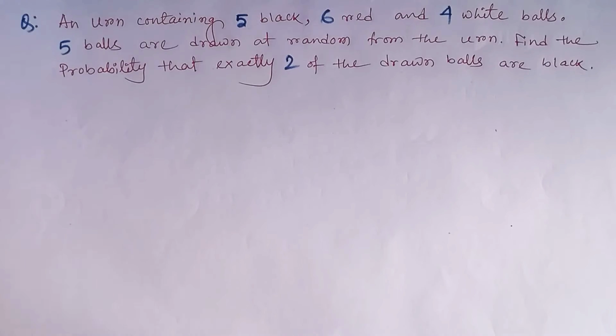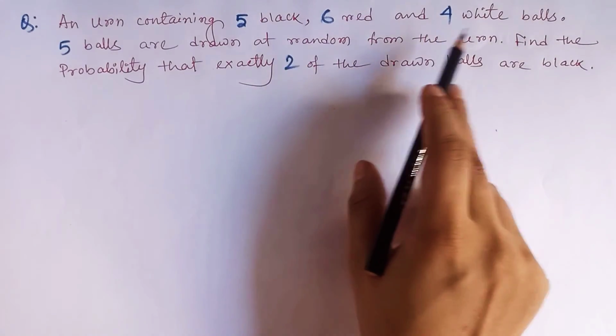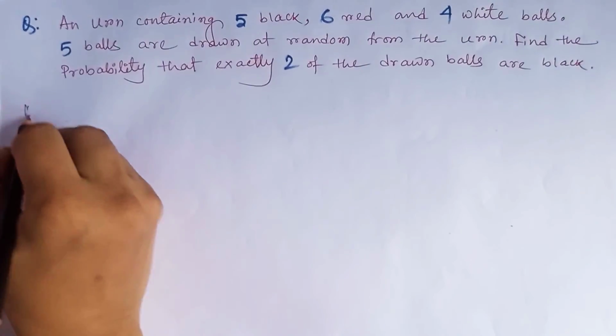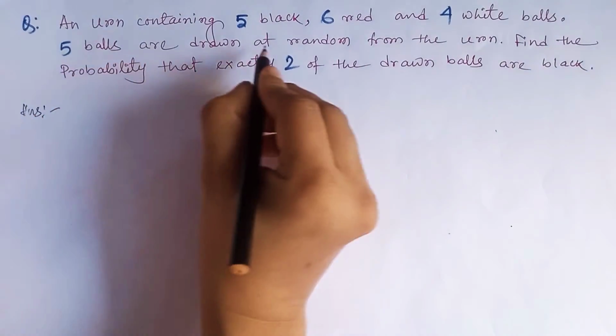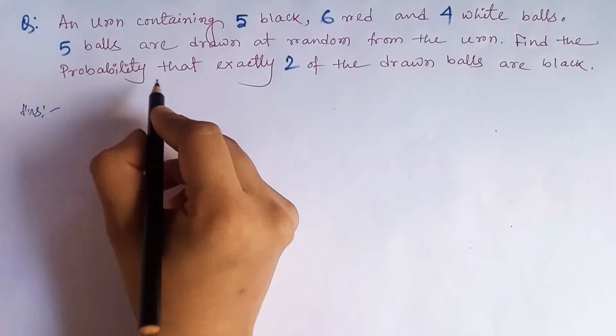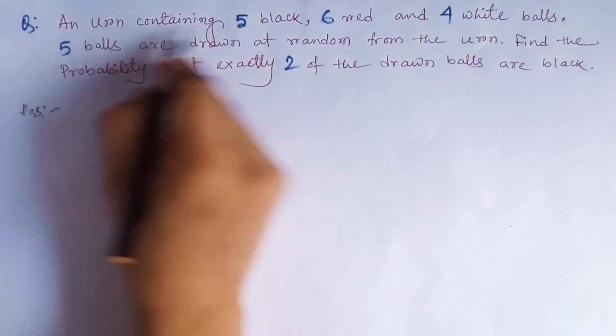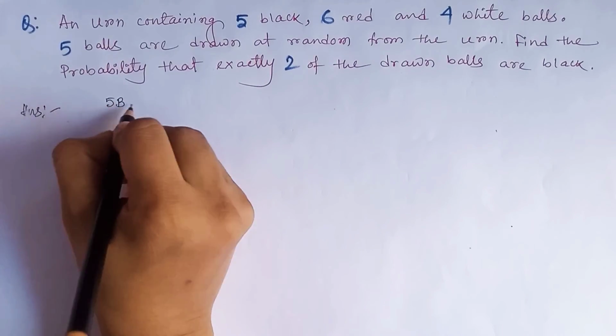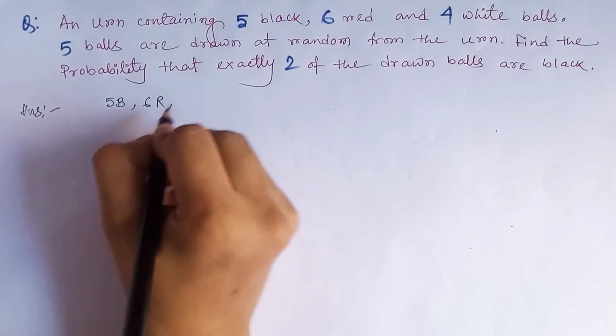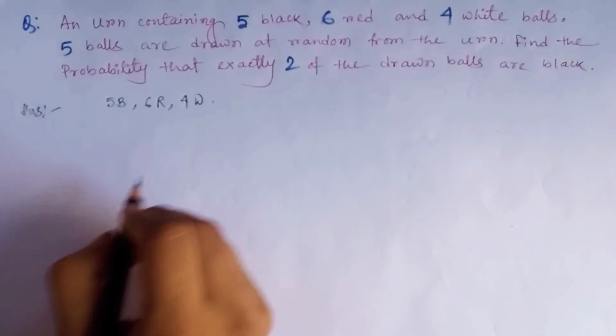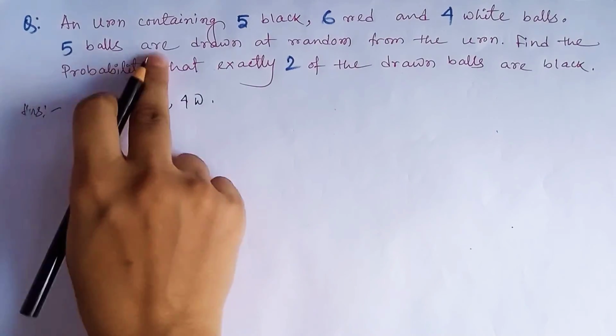Come to the third question. An urn contains 5 black, 6 red and 4 white balls. 5 balls are drawn at random from the urn. Find the probability that exactly 2 of the drawn balls are black. Okay, so there are 5 black, 6 red and 4 white balls. Out of these we have to select 5 balls.